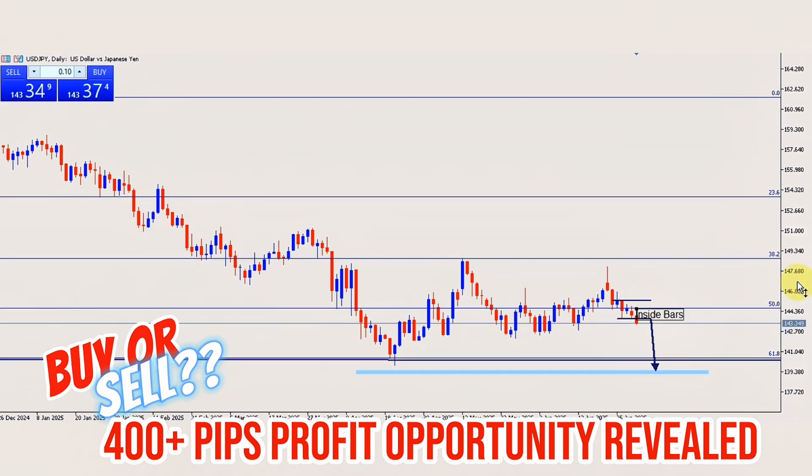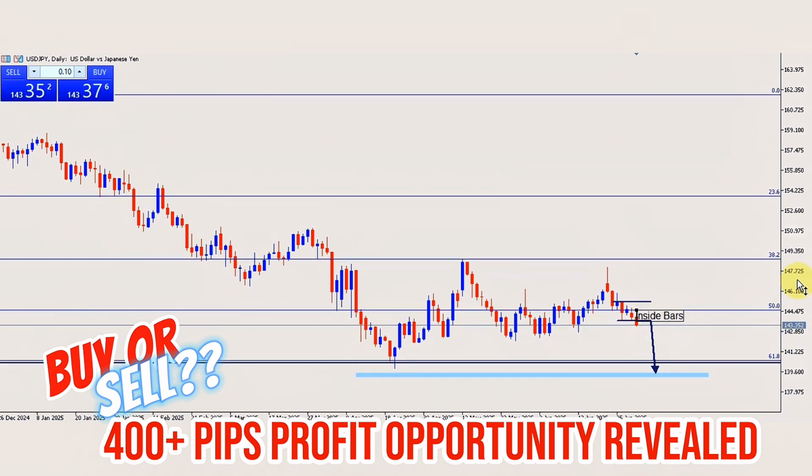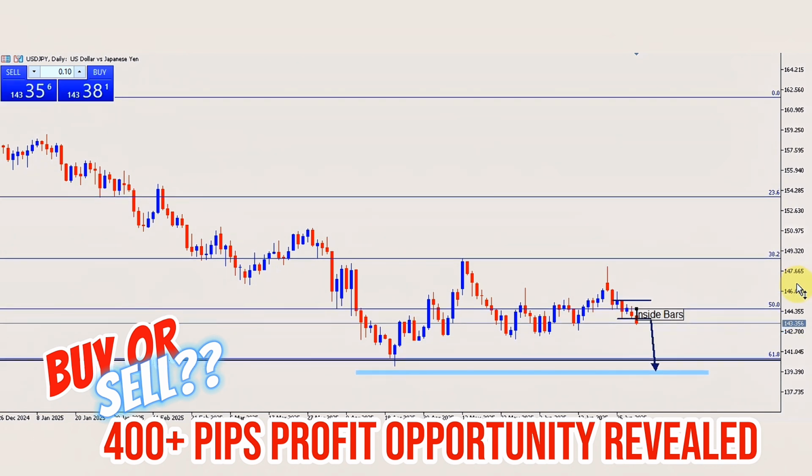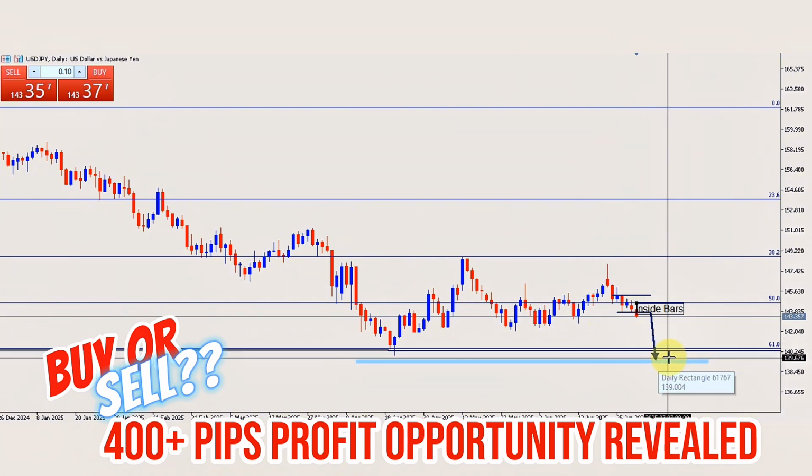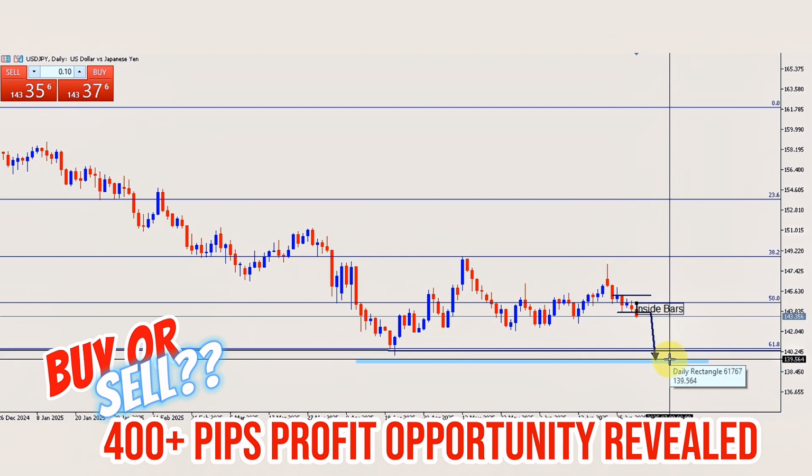I will show you some interesting cases in this chart that suggest that this market will depreciate further to the downside, and I am estimating that the overall depreciation for this market will get to as low as the 139.50 level.